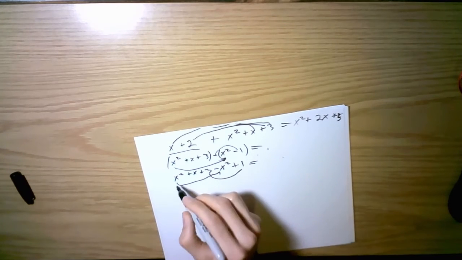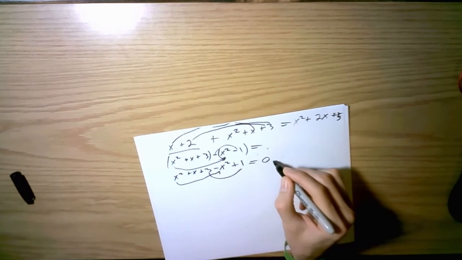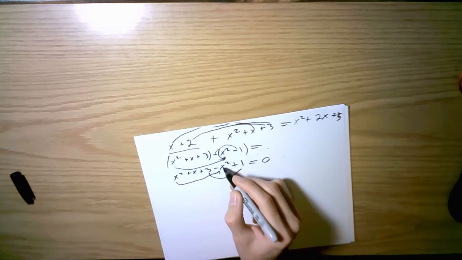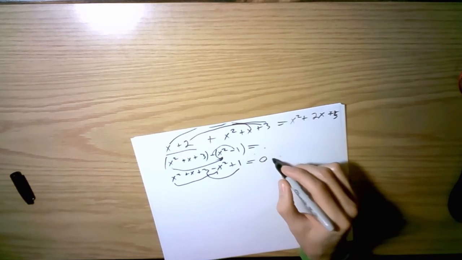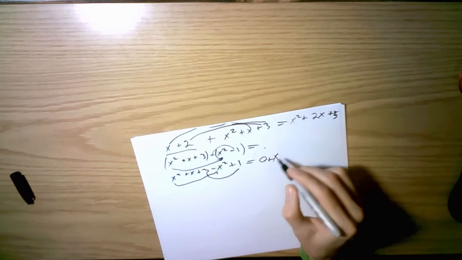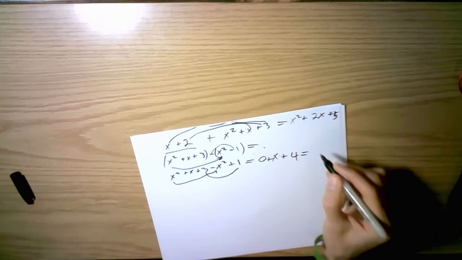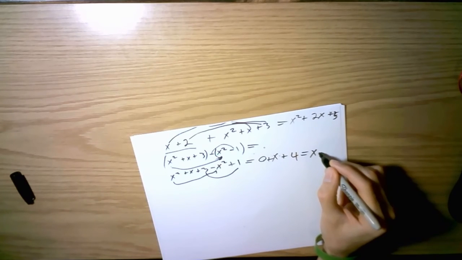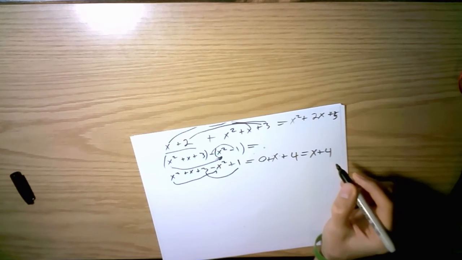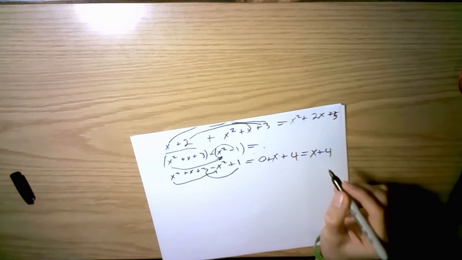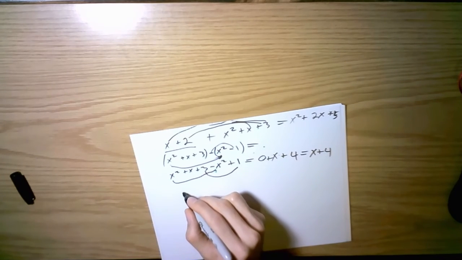So the answer would be x squared minus x squared, so that's going to be 0. And x is only x, so we'll just still have the x, and then 3 plus 1, so plus 4. So the answer is x plus 4. So that's how you subtract, and now we're going to do multiplying.